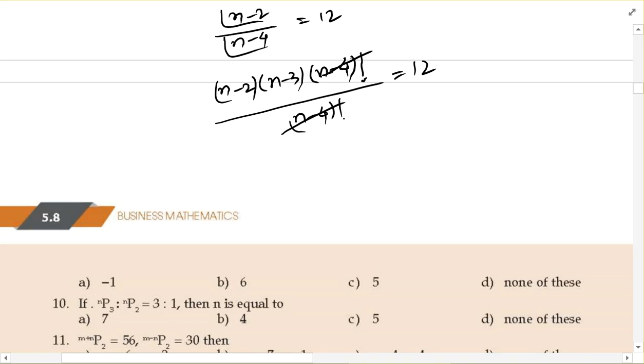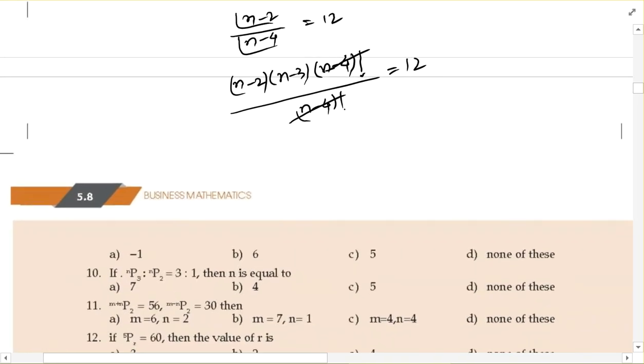You can do this in two ways. One is quadratic equations. And the other is, these are two consecutive numbers, because n minus 2 and n minus 3 have a difference of 1, and 12 you can write in this way, 4 into 3.